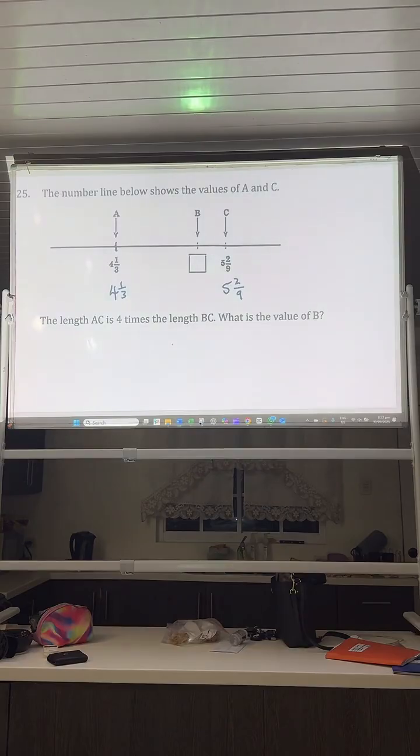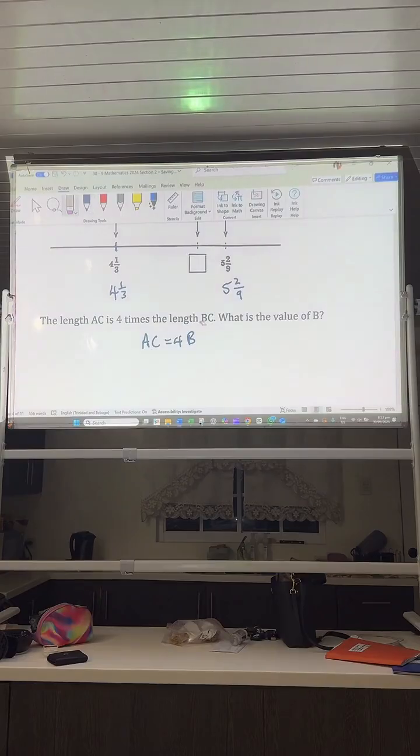So they're telling us that the length of AC is 4 times the length of BC, right? So I can actually write an equation with this. AC is equal to 4 times, what does times mean?